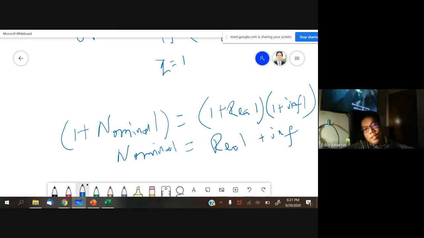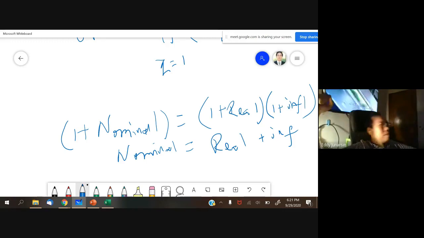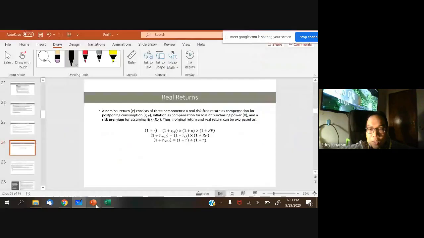So the real interest rate, the lazy way, should equal nominal rate minus inflation. And the proper way would be 1 plus real rate should equal 1 plus nominal divided by 1 plus inflation. Okay, and the remaining would be quite easy.